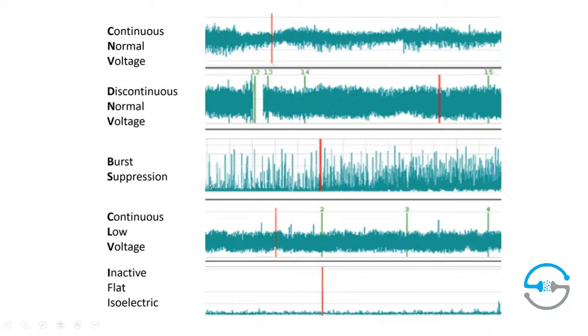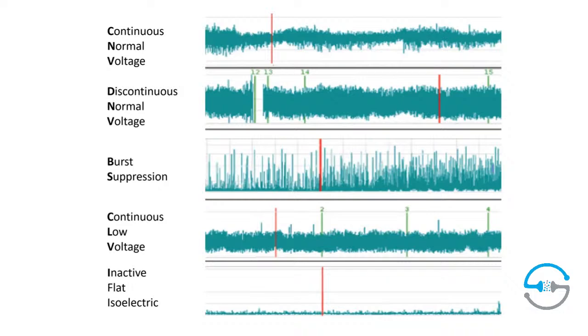And burst suppression is a mixed pattern. So like I was talking about with the seizures, where the activity becomes very consistent as the rhythmic pattern continues, with burst suppression, you have this excessive discontinuous pattern. Remember, discontinuous means mixed amplitudes.